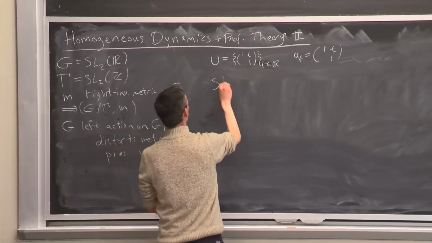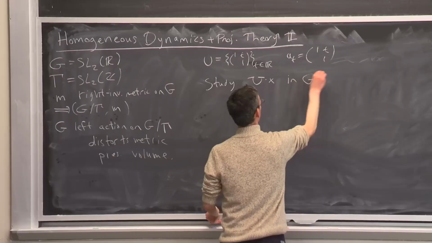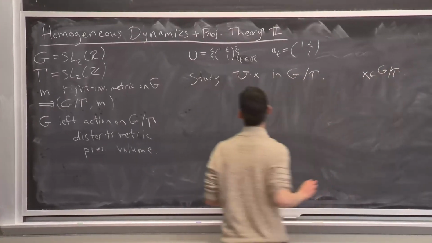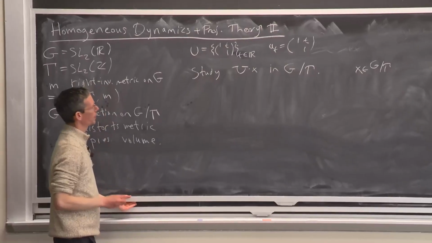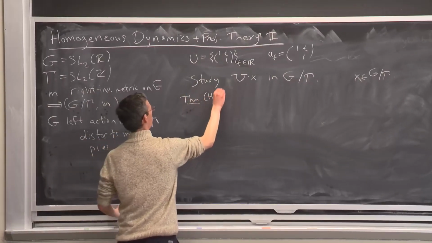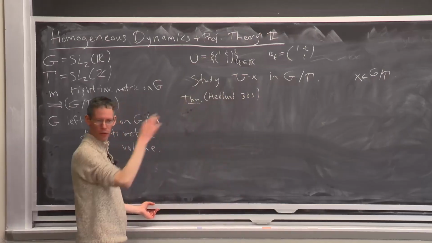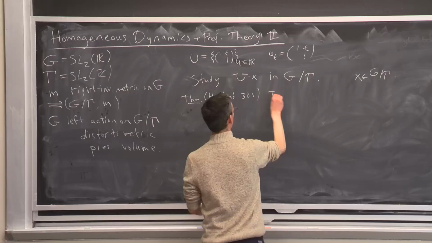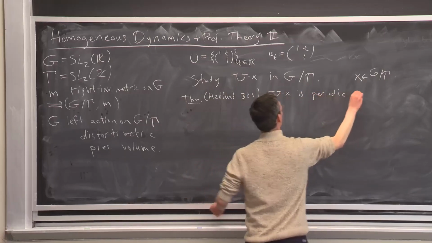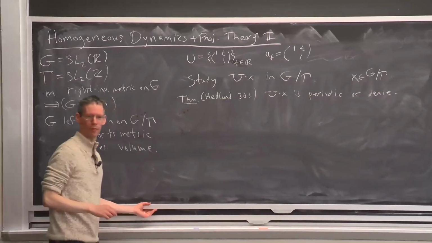So we're going to study U dot x in G mod gamma, where x is in G mod gamma. And there's an old theorem of Hedlund from the 30s, which is the kind of thing about this orbit that we're interested in, that U dot x is either periodic or dense. We won't exactly prove that, but we'll prove some things that are a little bit related.